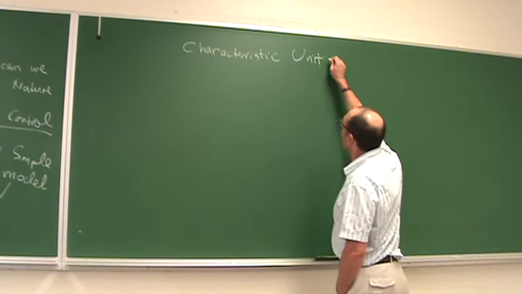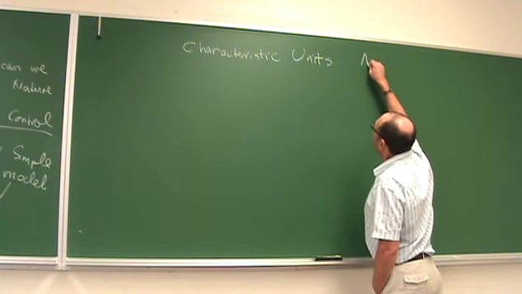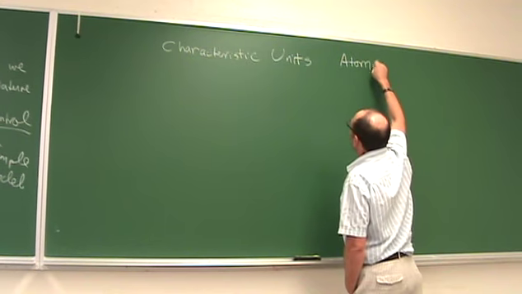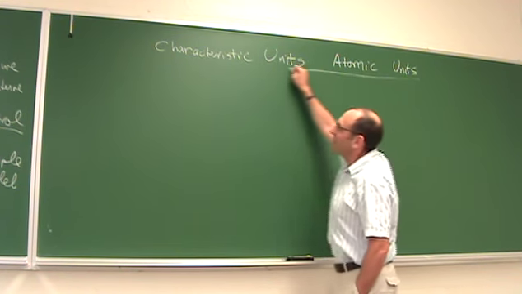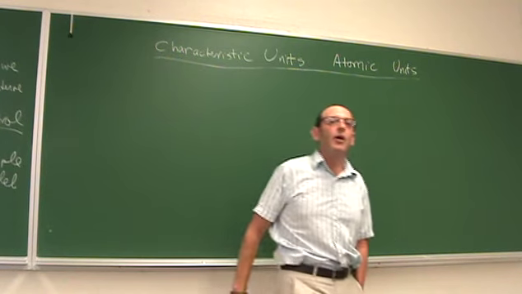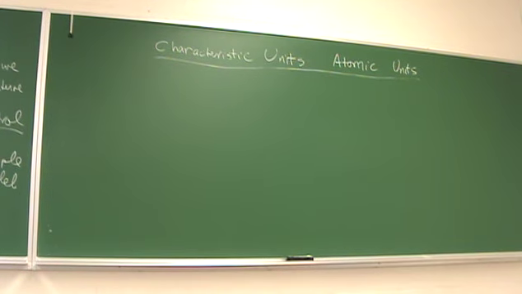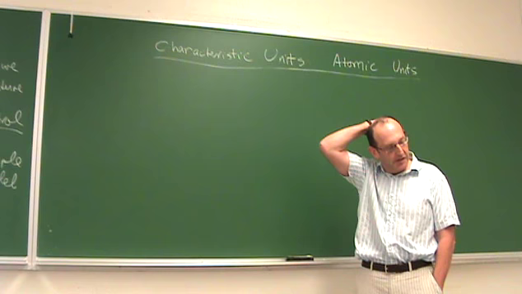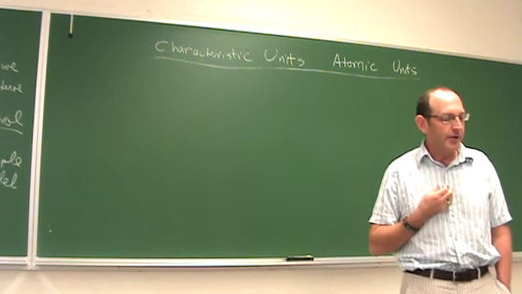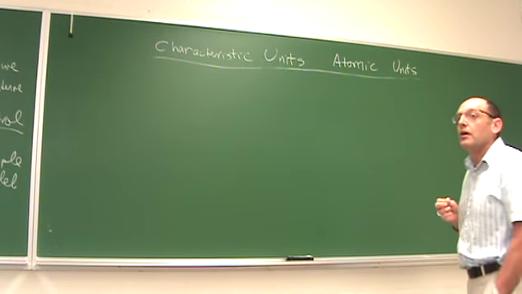So we want to think about characteristic units, and these characteristic units, of course, when we're talking about atoms, are what we call atomic units. So if you're doing atomic physics, there's always something called atomic units. So how do we determine what are the characteristics of atoms?